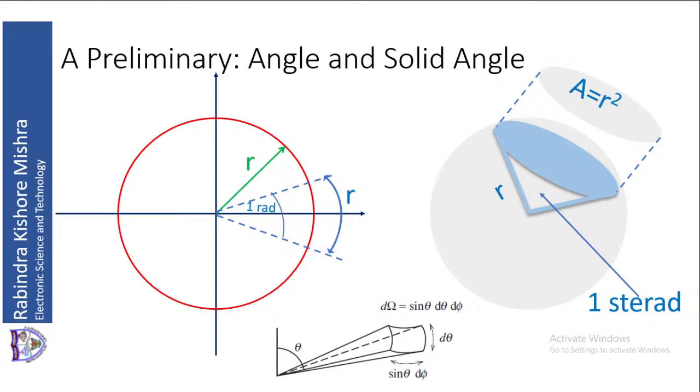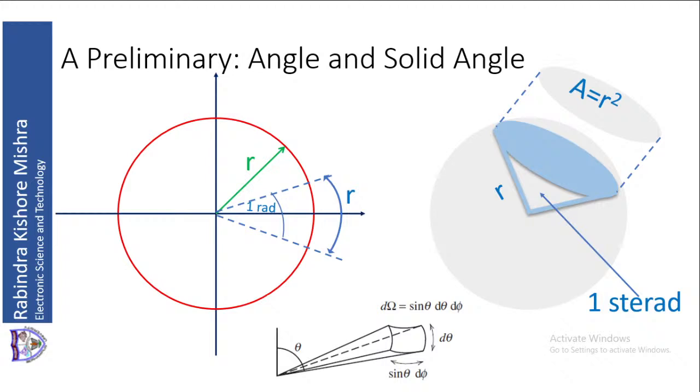So consider an infinitesimally small area. The length along the theta direction will be d theta, and the length along the phi direction will be sin theta d phi. Therefore, d omega will be equal to sin theta d theta d phi.